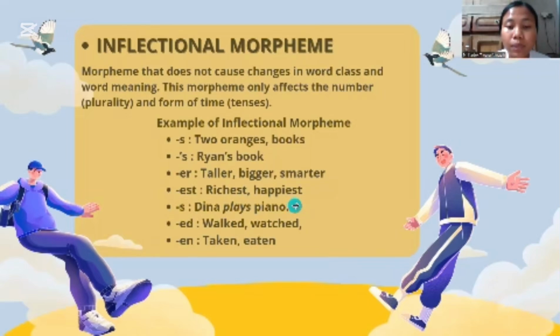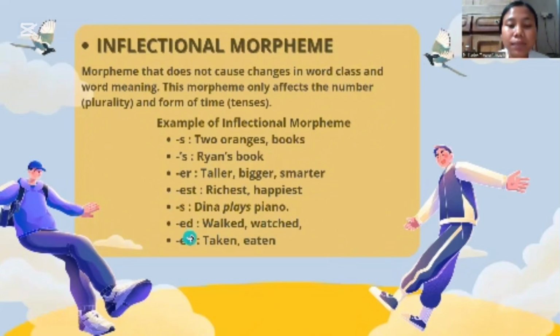And next is s. This suffix s is considered to explain the tense, which is present tense. That's about habitual or general things. For example, in the sentence Dina plays piano.